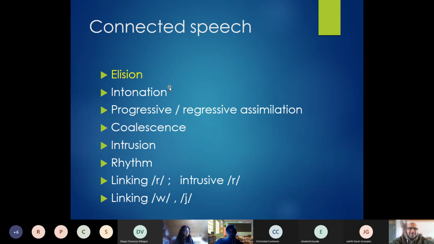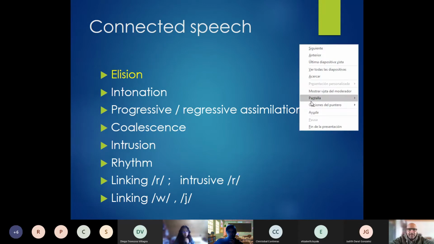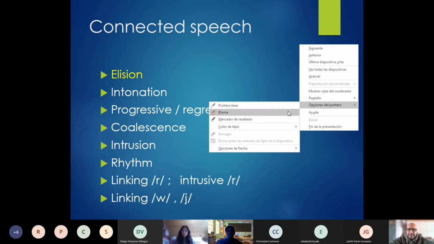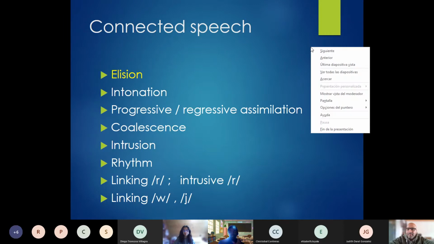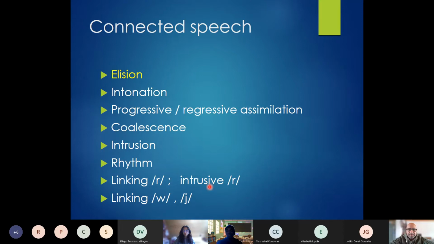What do you think about elision? How do we define elision? Can you give an example? Elision, for example, is when a word has several consonant sounds that we don't pronounce. Like for example, in the word empty. We have several sounds in this word, empty.